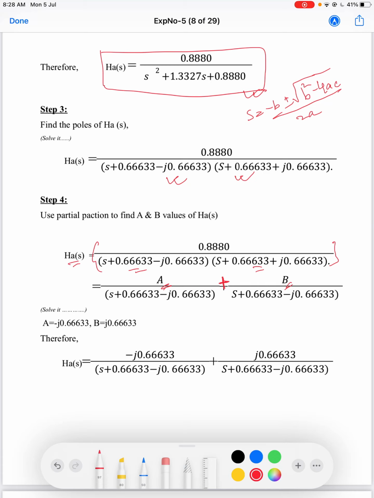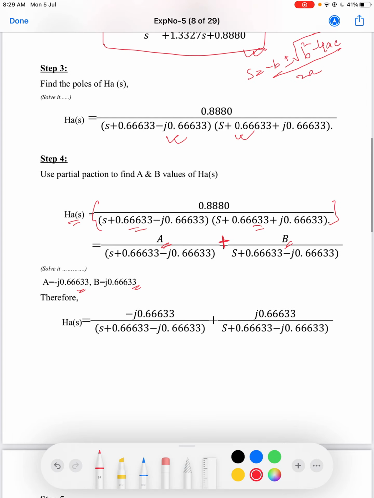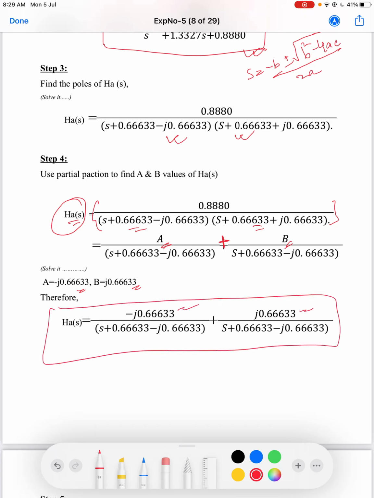So my A value is this much and B value is this much. I substituted them back into the original HA of S. After partial fraction, my HA of S transfer function will look like this.